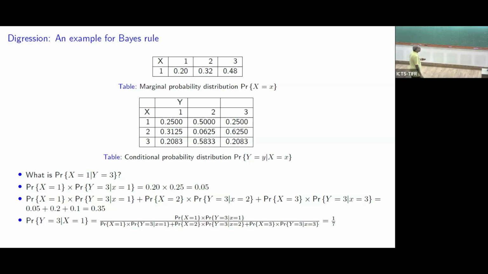For example, you have a version of Bayes rule for events.